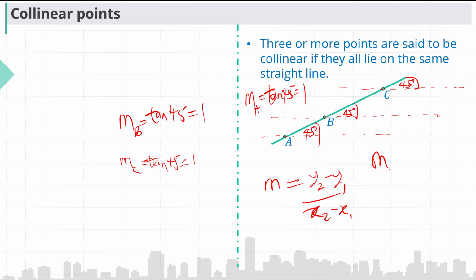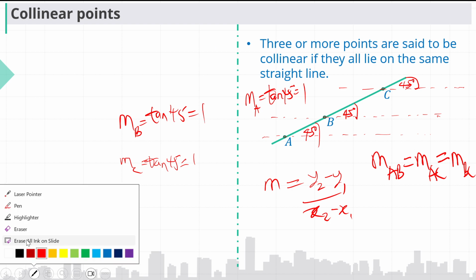When you use the 2 points A and B to find the gradient, the answer will be the same as when you use the 2 points A and C. It will also be the same as when you use the 2 points B and C. Finding the gradient of a straight line, we use any 2 points on the straight line.